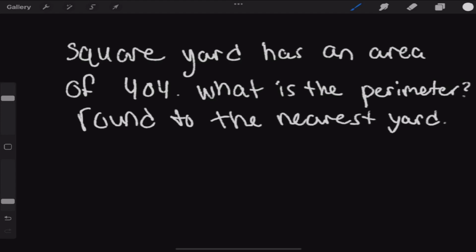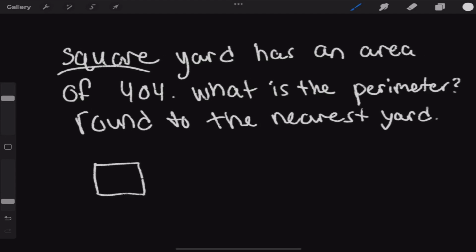So right here it tells us square, so let's draw a picture of this. And we have a square, and the inside is 404. What do we know about the area of a square? Well, the area equals the side squared.